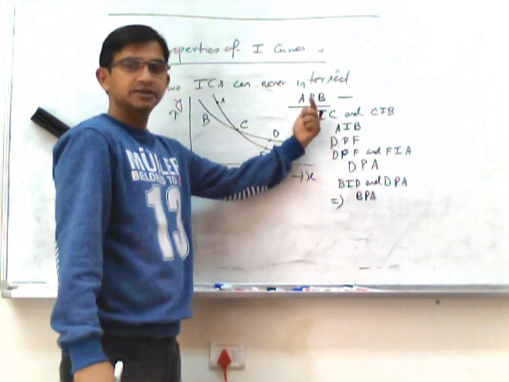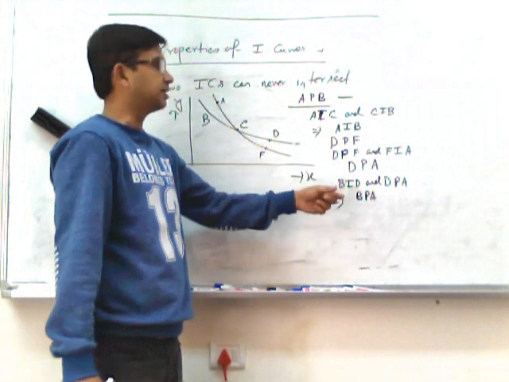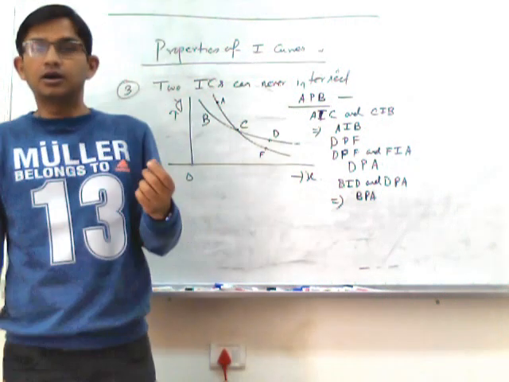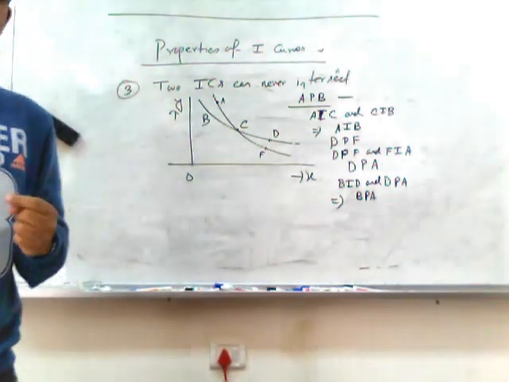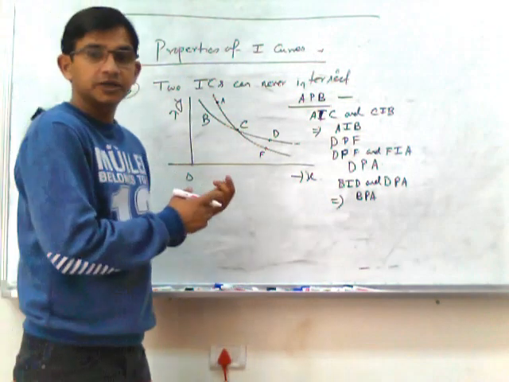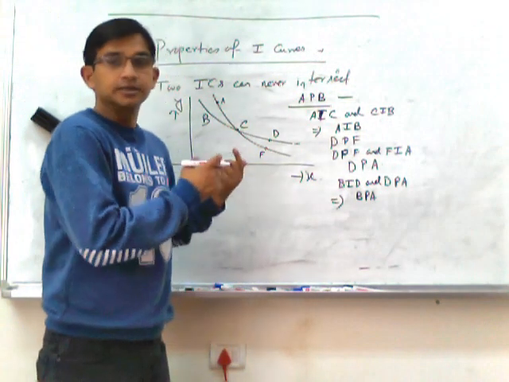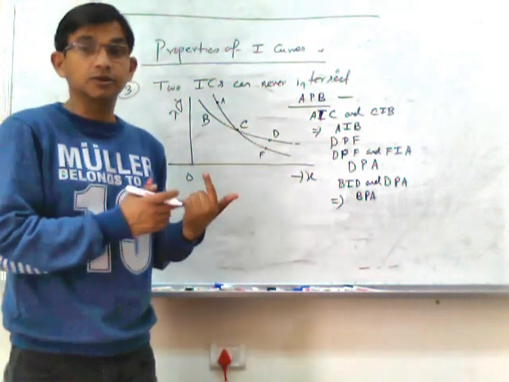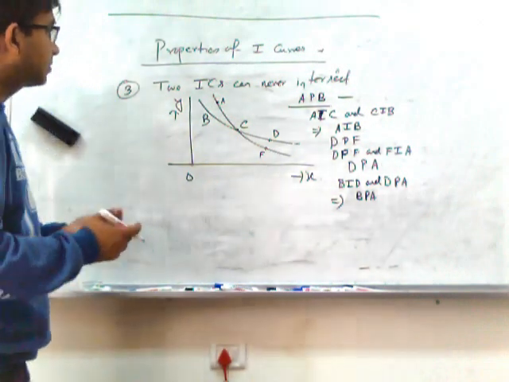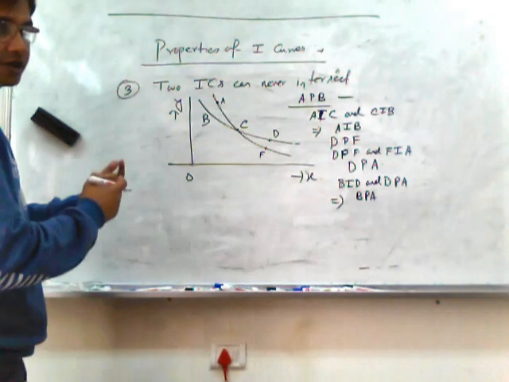These three cannot be true simultaneously. If any one happens, then there is no possibility of others to happen. So if two indifference curves intersect each other, that will create serious logical error that will violate the axiom of completeness. So two indifference curves should not intersect.